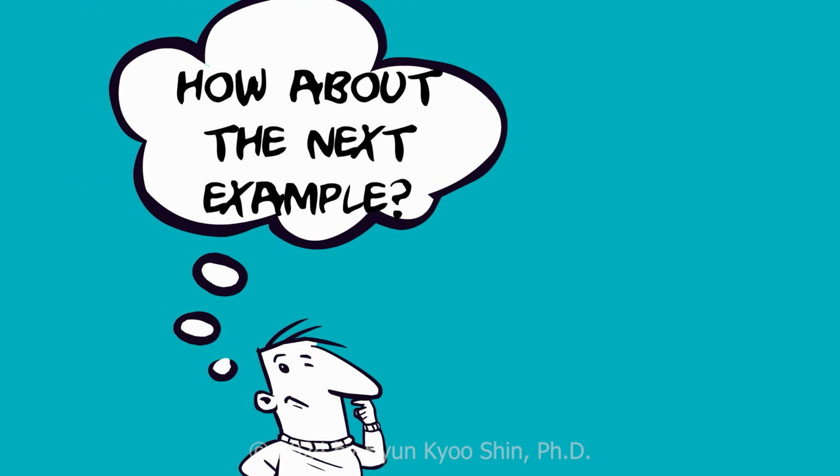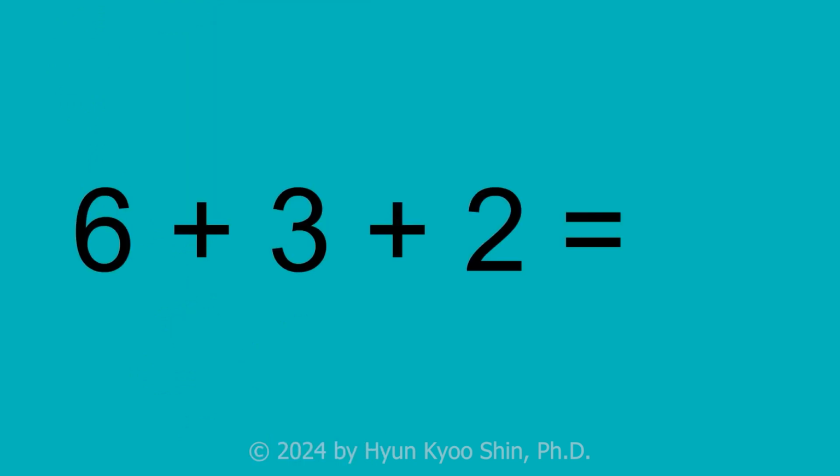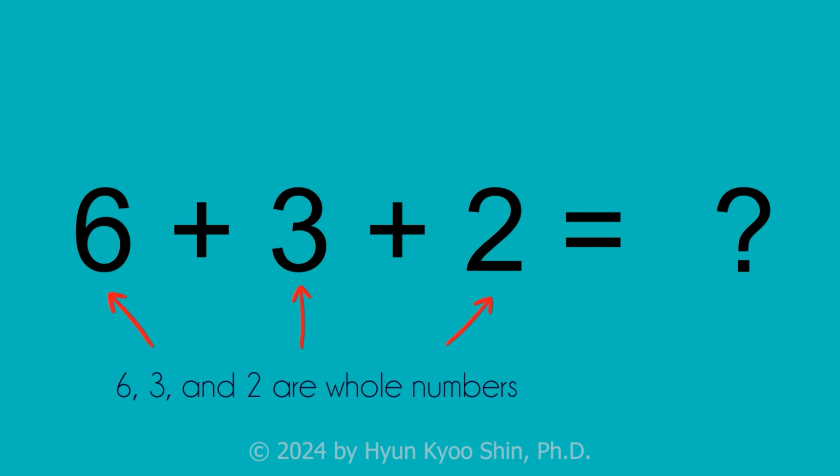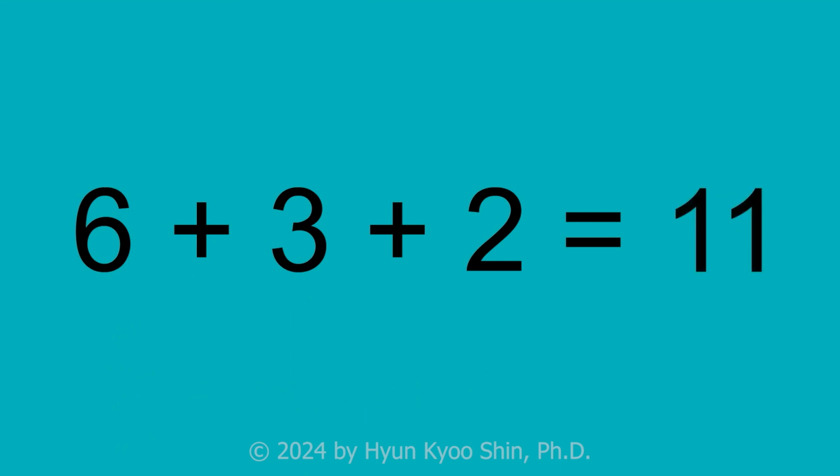How about the next example? 6 plus 3 plus 2 is equal to... 6, 3, and 2 are whole numbers. Let's add. 6 plus 3 plus 2 is equal to 11.